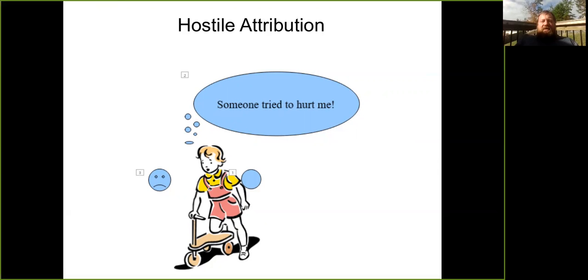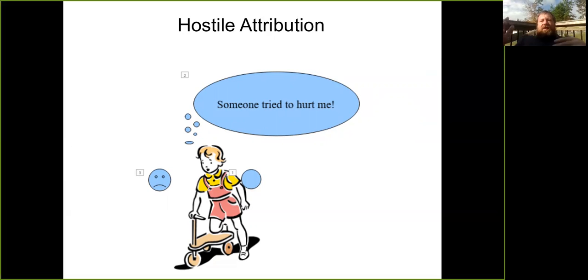But from second grade to eighth grade, one of the most replicated findings that we have in the study of peer relations is what's called a hostile attribution bias among children between second and eighth grade who are identified as more aggressive. So children with higher rates of aggressive behavior, identified by their teachers or through observations or a variety of means, have a propensity to make more hostile attributions in ambiguous situations.